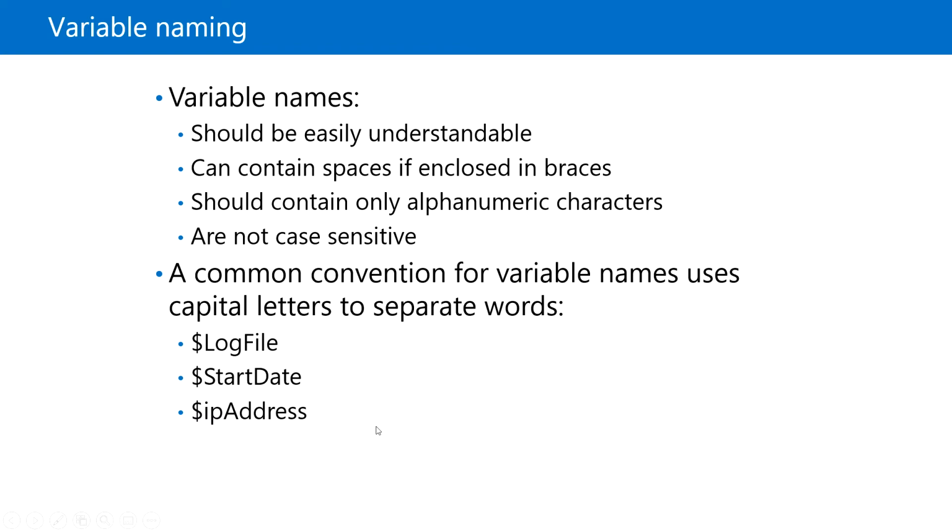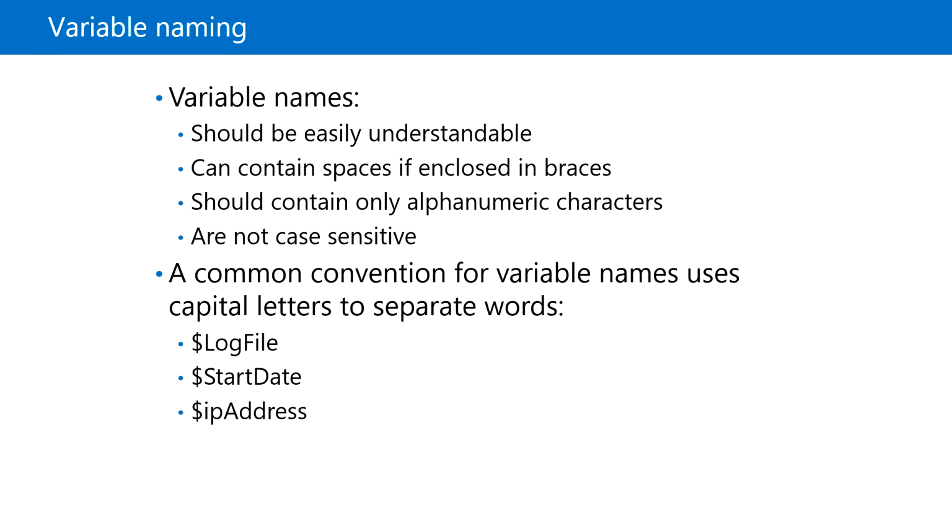And in another example, if we are going to store the log file in that variable, we can give the variable name $logfile. And if you're assigning an IP address, we can give a variable name that is relevant to the value stored in the variable.